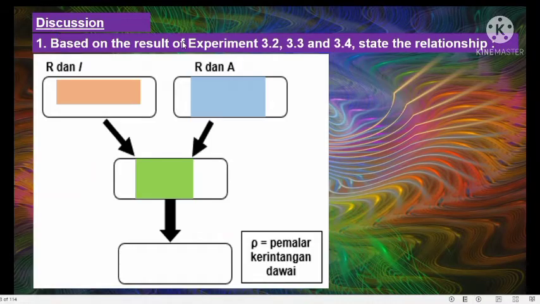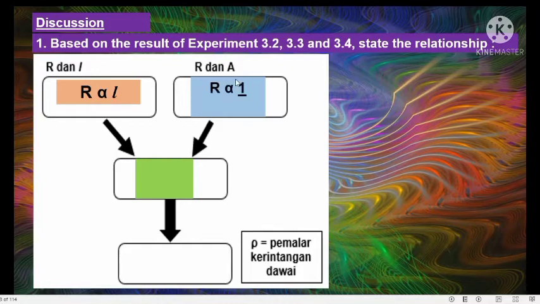So based on the results of experiment 3.2, 3.3, and 3.4, we want to relate R and L, R and A, and also R and rho. The first experiment 3.2, R is directly proportional to length.